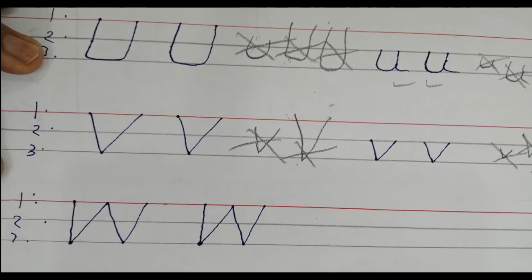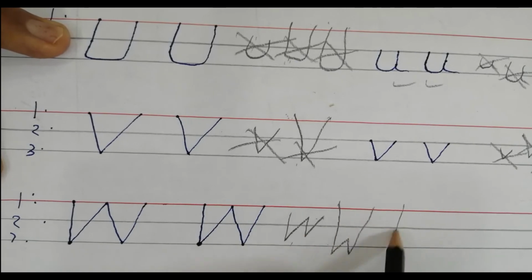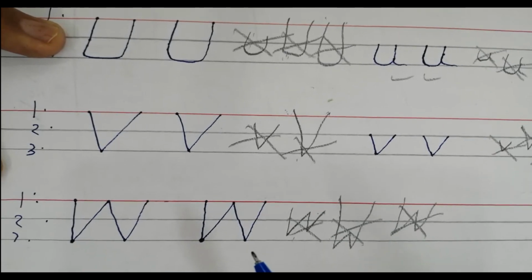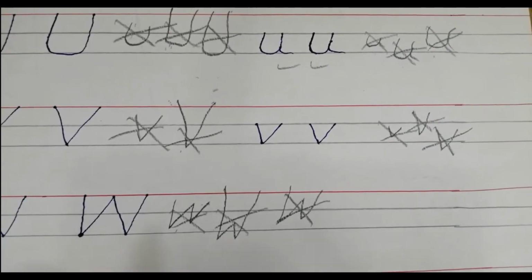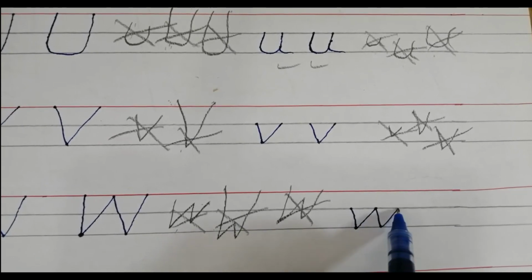Okay, this is good, but no one makes it like that, inside or out, like that or like that. All these are not acceptable. Small one here, number 2 to number 3, up again, number 2, down again, up again.